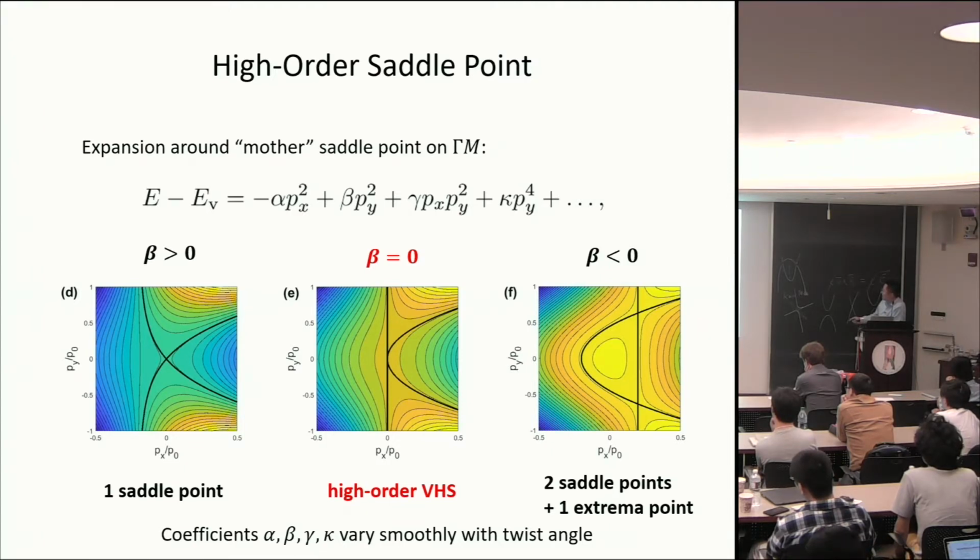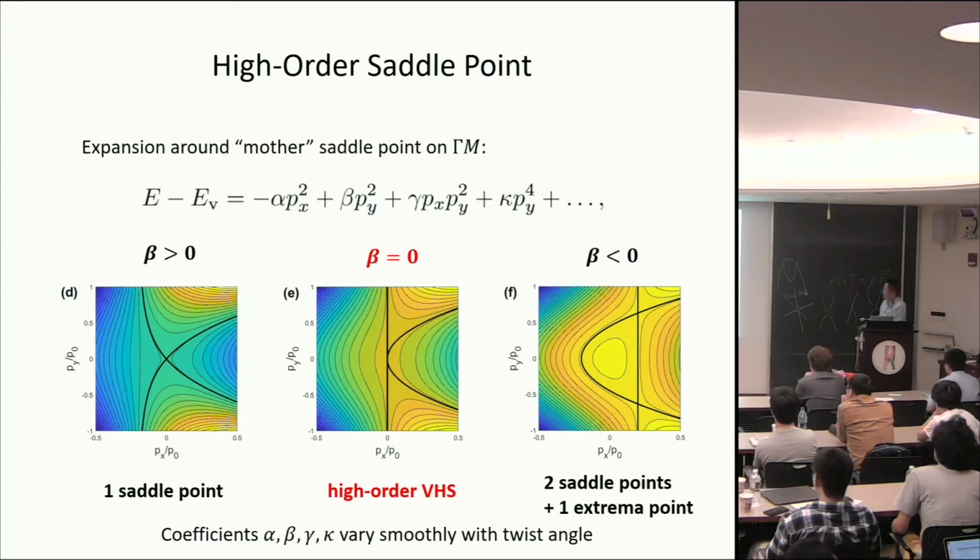So at larger twist angle, like 1.8 degree, we have the situation shown on the left. At small twist angle, like around 1 degree, we have the situation shown on the right. So somewhere in the middle, just by continuity, there has to be a special angle where one of the quadratic coefficients vanishes.